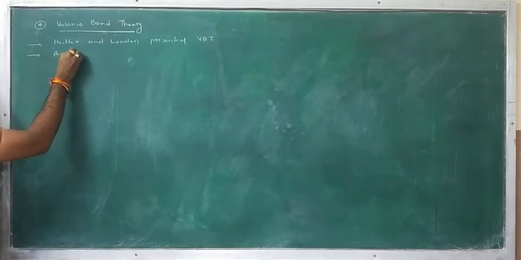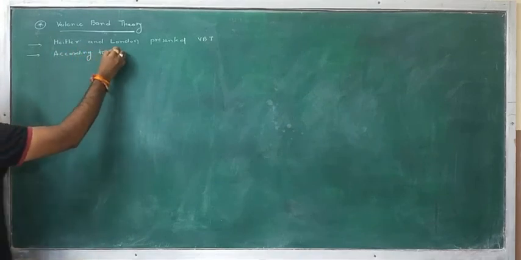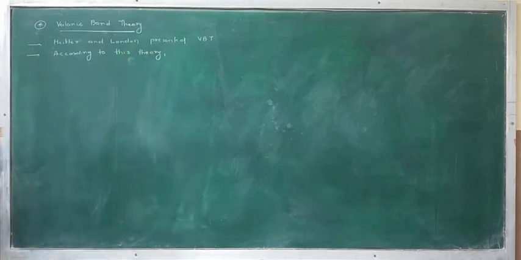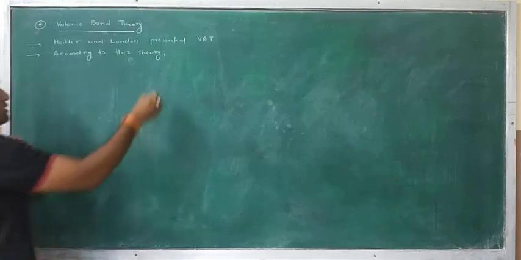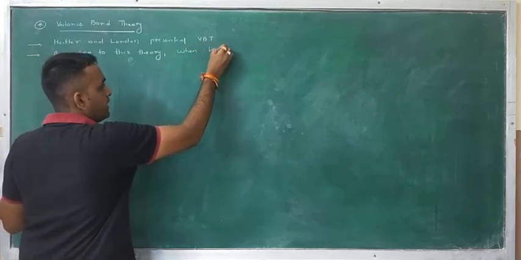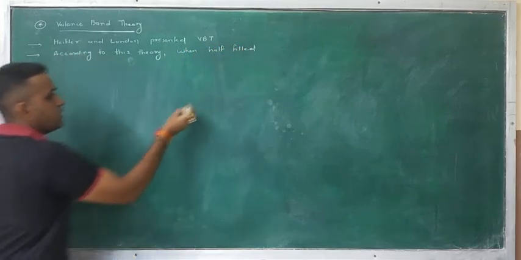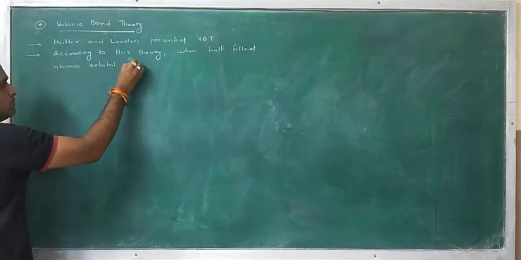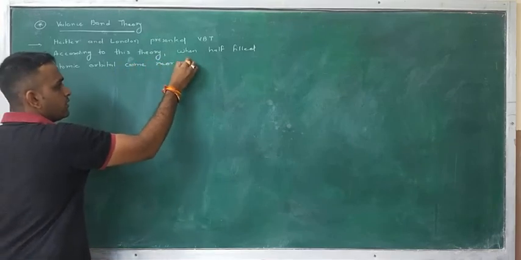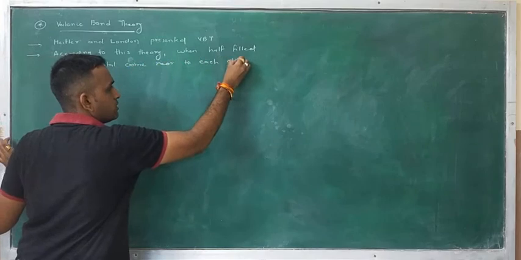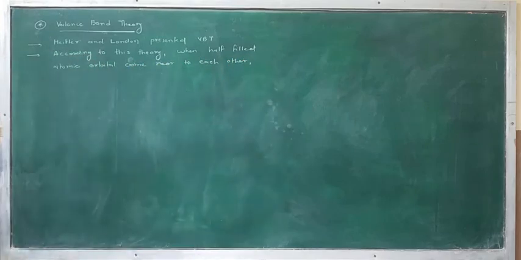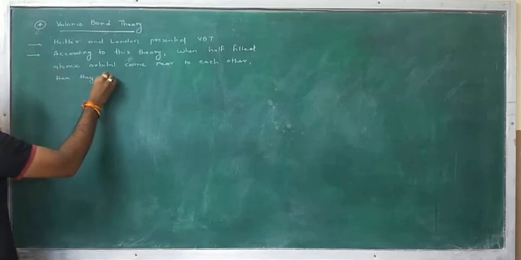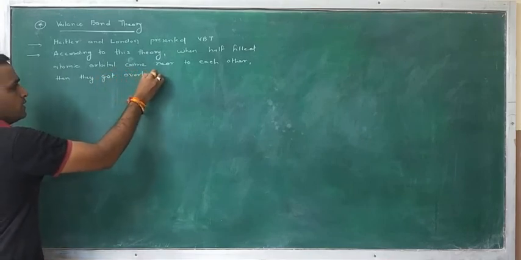So that is this theory. According to this theory, I can write down: when half-filled atomic orbitals come near to each other, then they overlap.